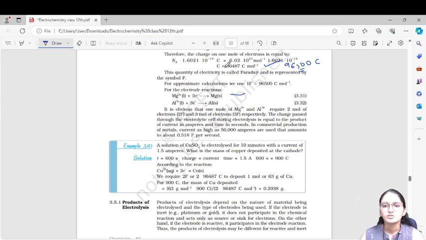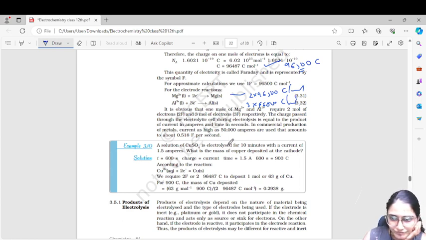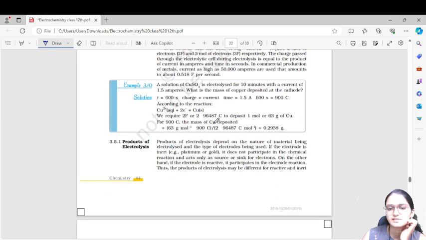Since 1 mole of electrons requires 96500 coulombs, 2 moles of electrons will require 2 into 96500 coulombs per mole. Similarly here, 3 into 96500 coulombs per mole. This is how we have to solve this.